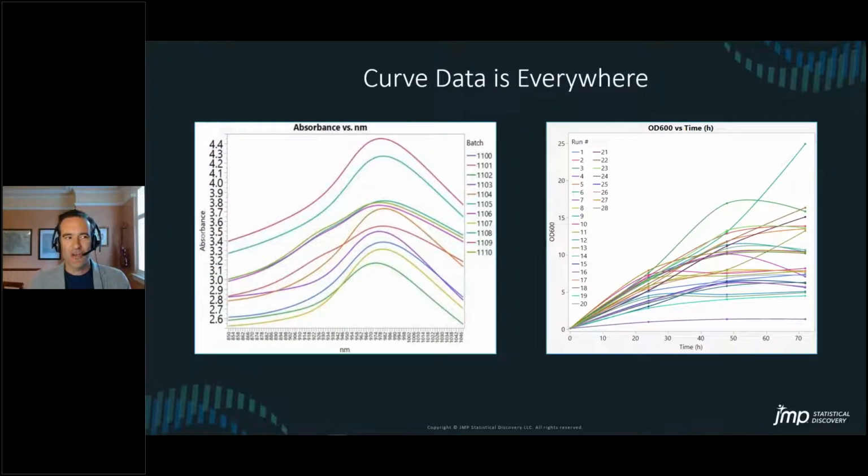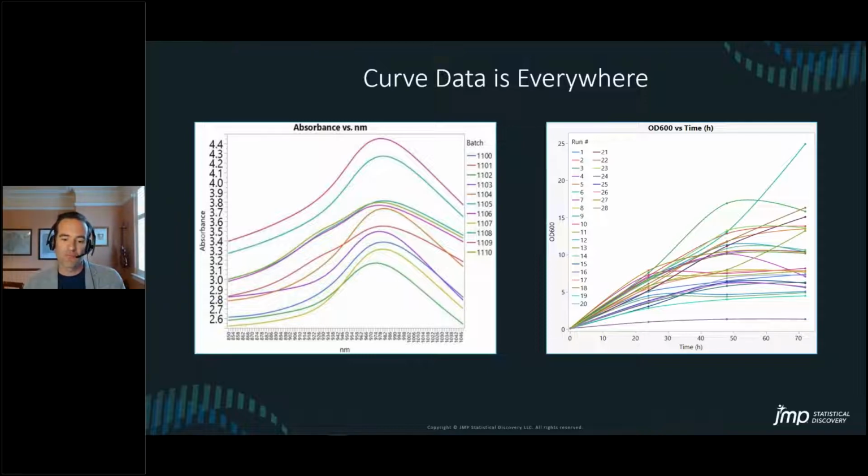And this kind of curve data is everywhere in science and biology. Spectral data, where you're looking at absorbance intensity as a function of wavelength or wave number. Chromatography, where you've got some kind of measure of intensity against the retention time.